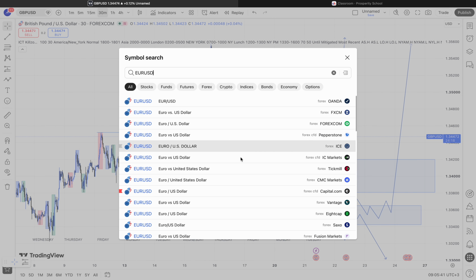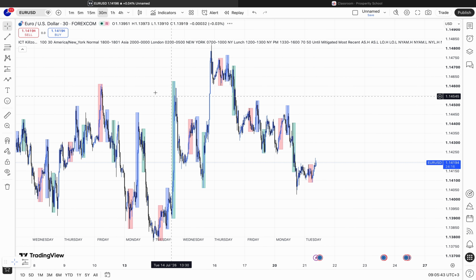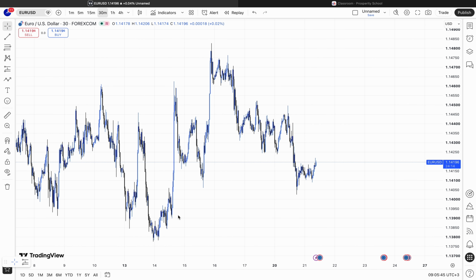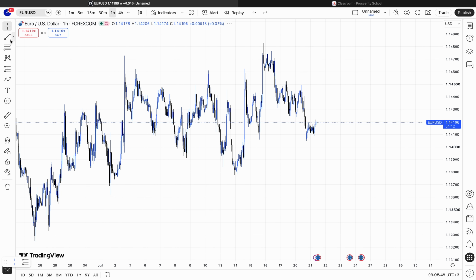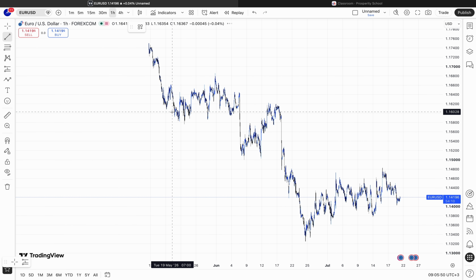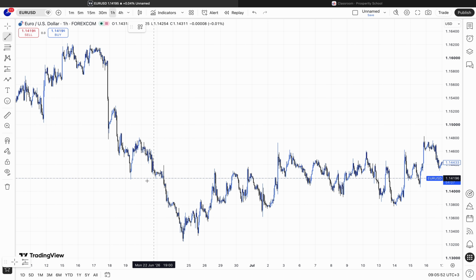Then for Euro USD, this was our last breakout structure to the downside, external market structure.